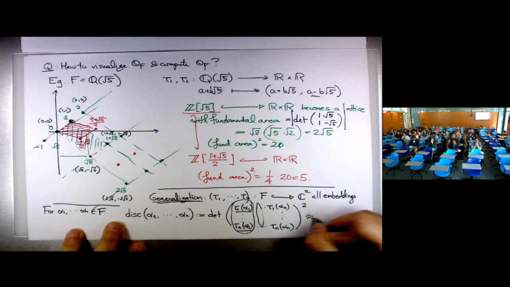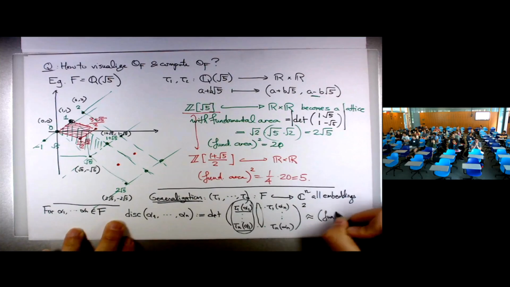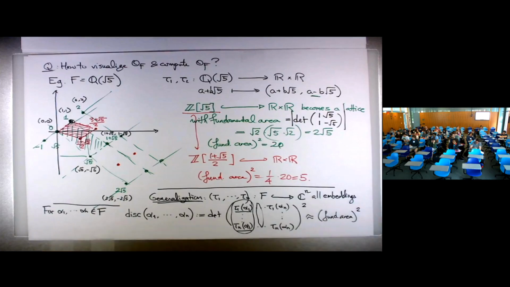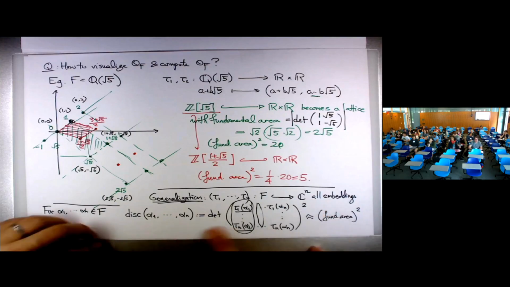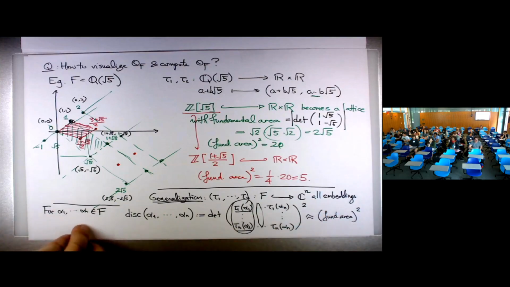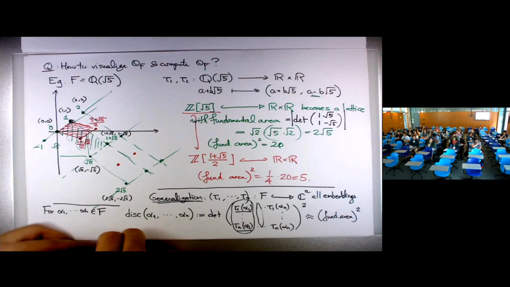So this is roughly the fundamental area squared, because I put a square here. It would be literally true if it's not complex embeddings, just real embeddings. Because of the complex embeddings, it turns out this determinant could actually be a negative number. This is some subtle thing in the exercise that I can address. I won't have time to do this. But I think it's a good way to keep in mind that it's roughly the same as the fundamental area.